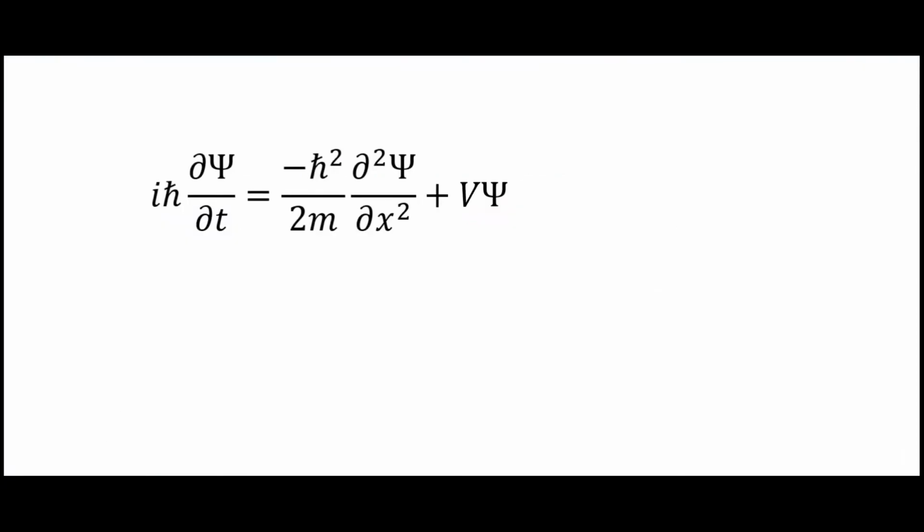So this right here is the time-dependent Schrodinger equation. One of the ways you can see it's time-dependent is it has this right here, the derivative of the wave function with respect to time.